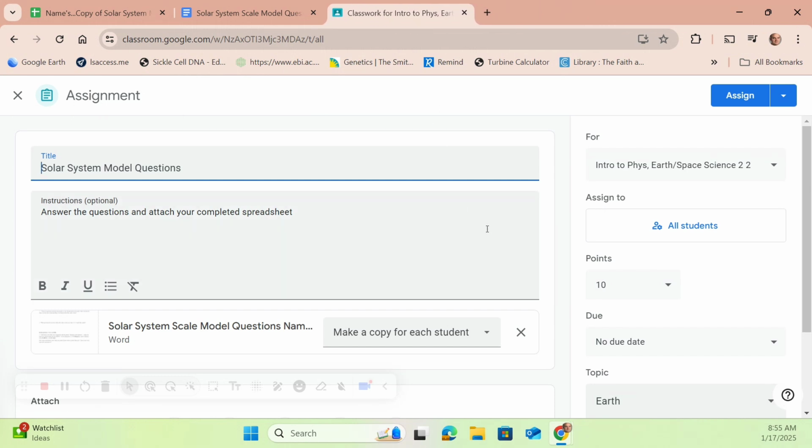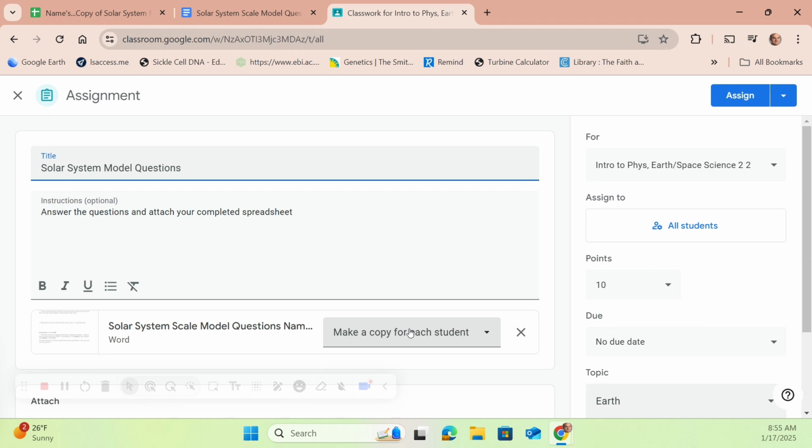All right, this is going to be your assignment. Okay, I'm about to post it. It says solar system model questions. Answer the questions and attach your completed spreadsheet. Guys, I'm making a copy of the questions for each of you. So all you have to do is open it in Google Docs, answer the questions right in that, and it's already attached to the assignment. So you're good.